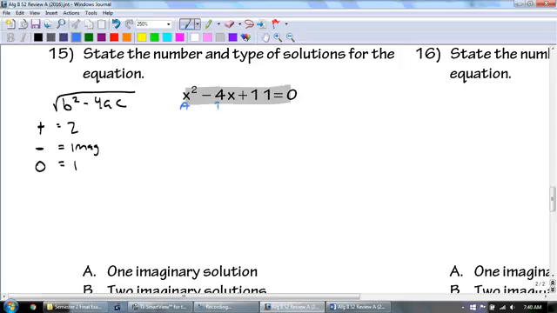here's my A, B, and C. We do B squared minus 4AC. So it's negative 4, 1, and 11.